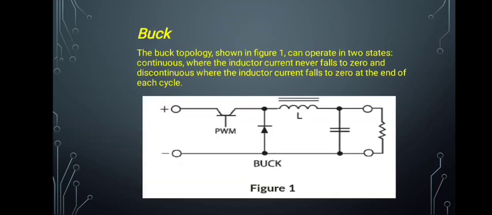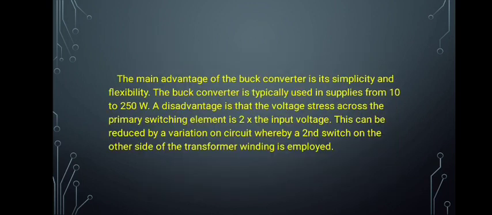Buck. The buck topology, shown in Figure 1, can operate in two states: continuous, where the inductor current never falls to zero, and discontinuous, where the inductor current falls to zero at the end of each cycle. The main advantage of the buck converter is its simplicity and flexibility.